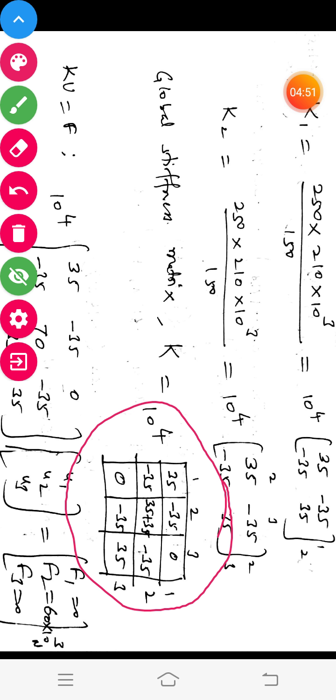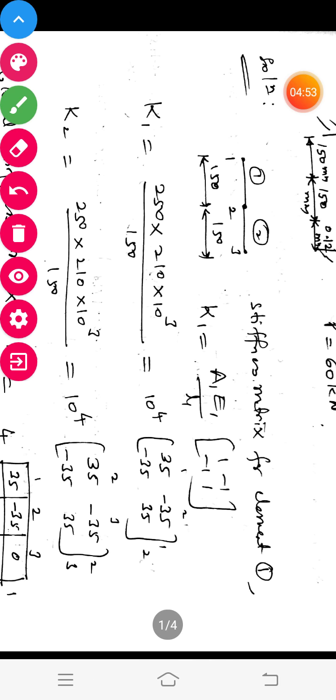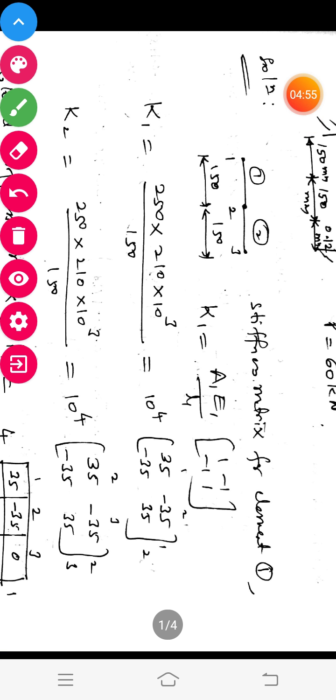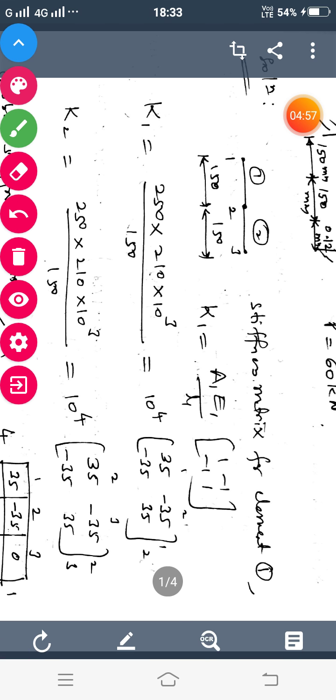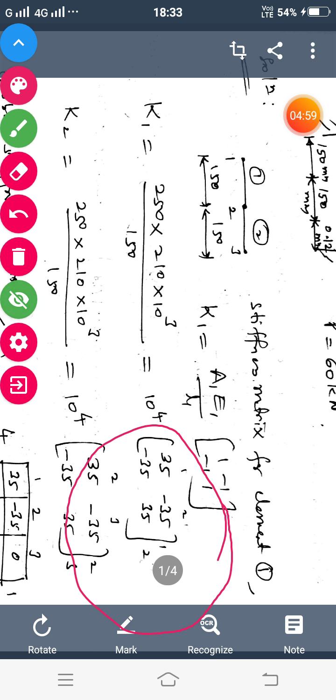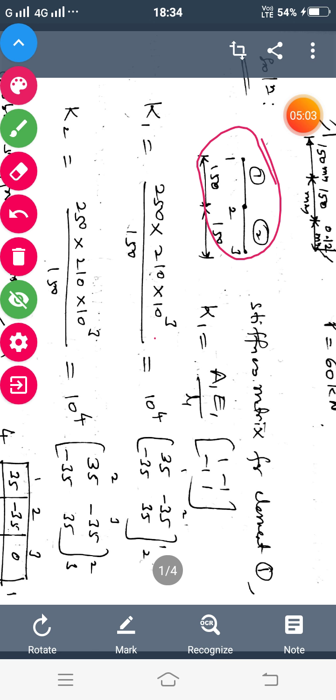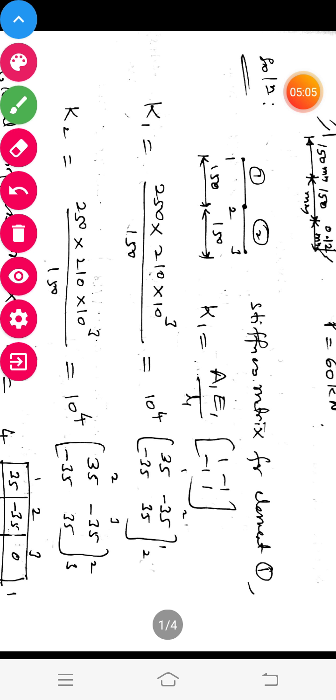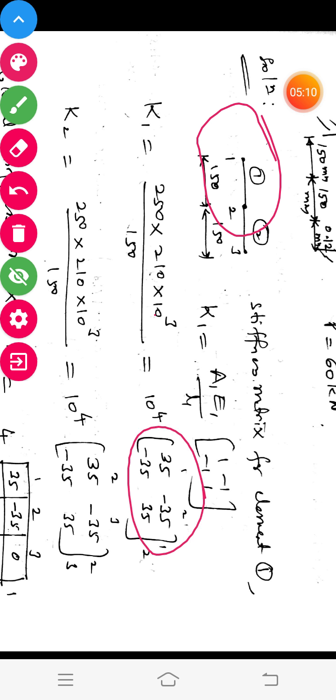Now, since the numbering we made is in series 1 2 3, element 1 is 1 2 and element 2 is 2 3.